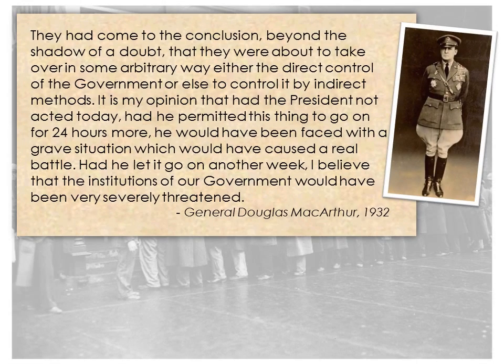The general who was charged with clearing out the bonus army, his name was General Douglas MacArthur. His name is going to become more famous, especially as we approach the Pacific Front in World War II. And General MacArthur recalled his thinking on breaking apart the bonus army.